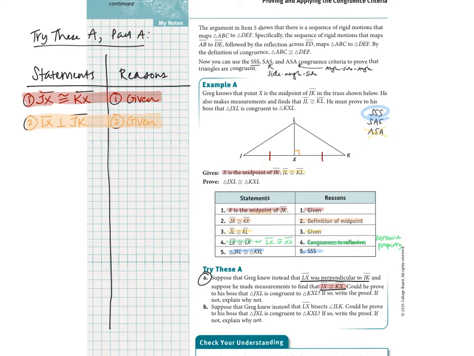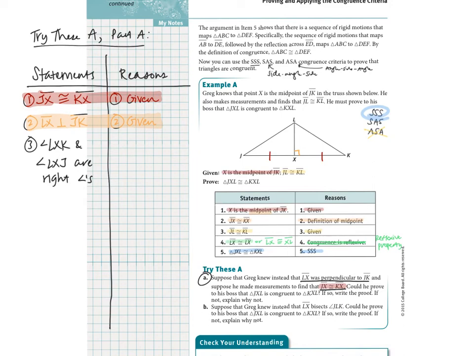We know we're looking at perpendicular lines. Perpendicular lines create 2 right angles. So wouldn't that be our third step, that we could say angle LXK, what I just marked, and angle LXJ are right angles.